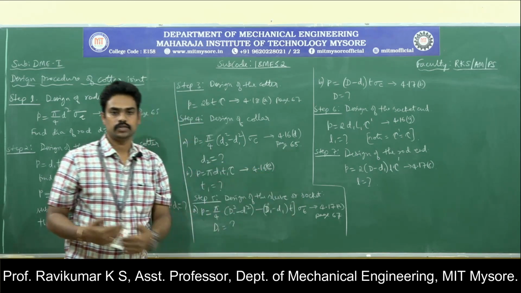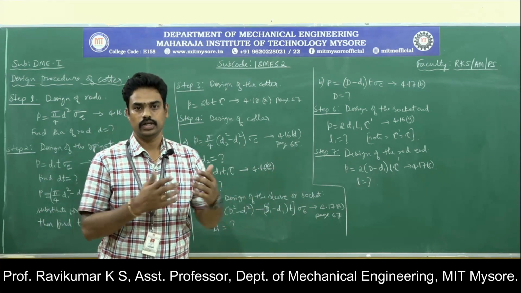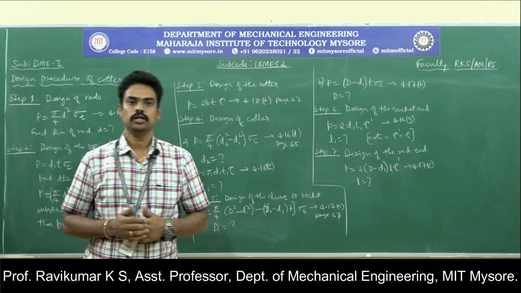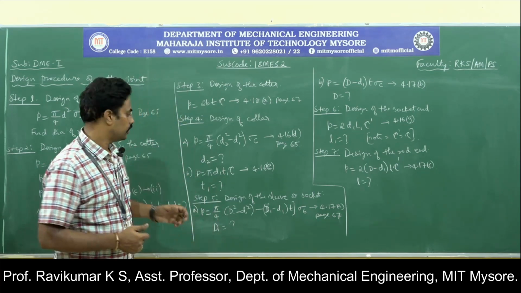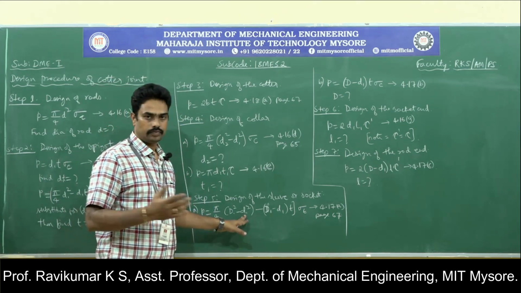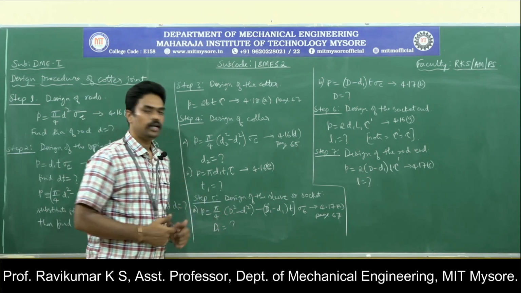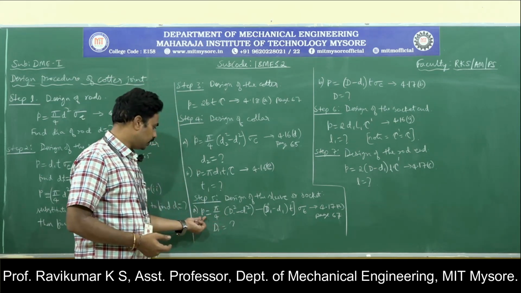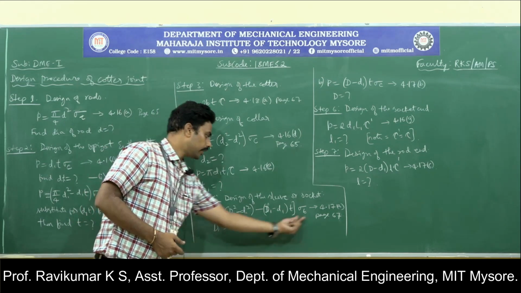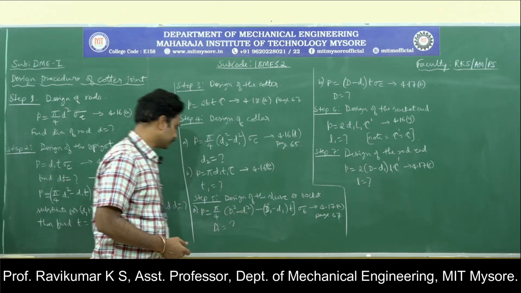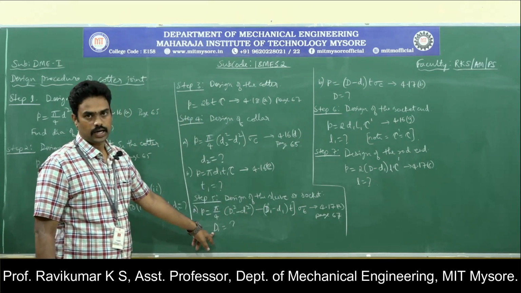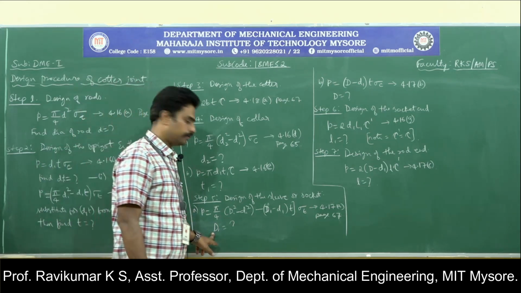Okay, how is this area going to evolve? You just have a look at the figure shown in the previous slide. You can compare with the figure, you can get the area. Here P, load, is equal to area into the stress. Thereby you can calculate capital D1.